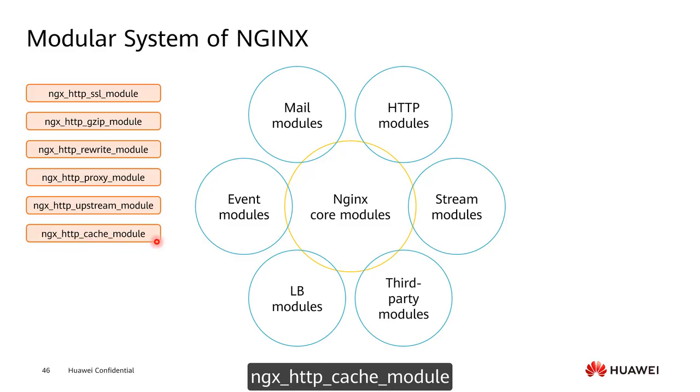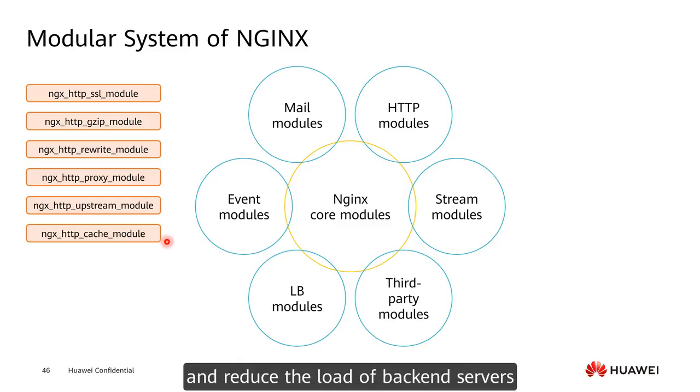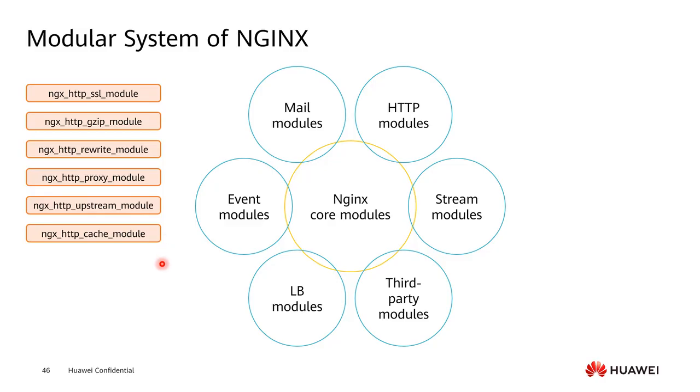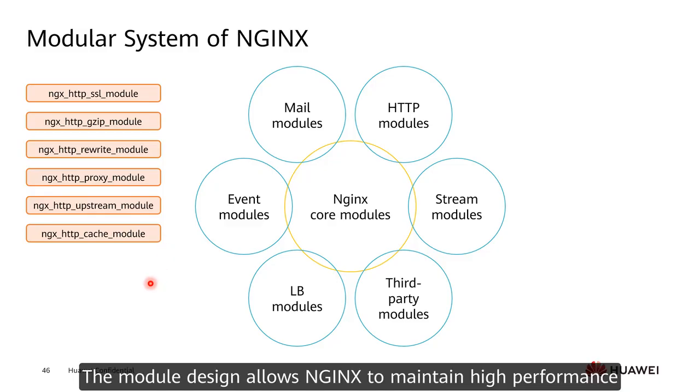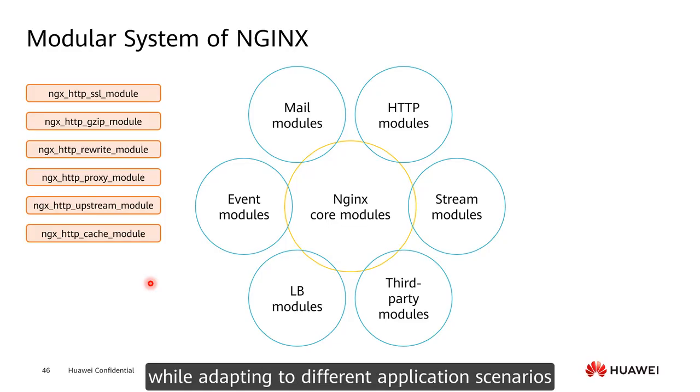The Nginx HTTP cache module provides the cache function to cache common static content and reduce the load on backend servers. The module design allows Nginx to maintain high performance while adapting to different application scenarios and requirements by adding or replacing modules.